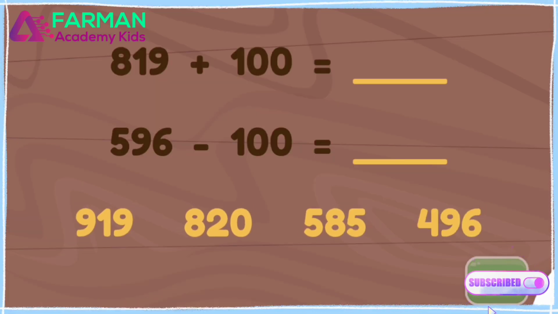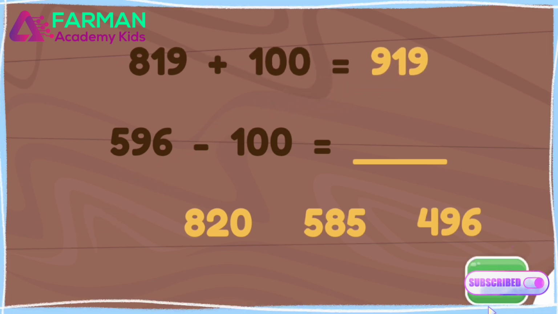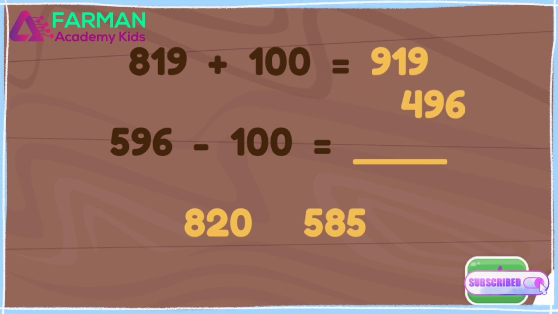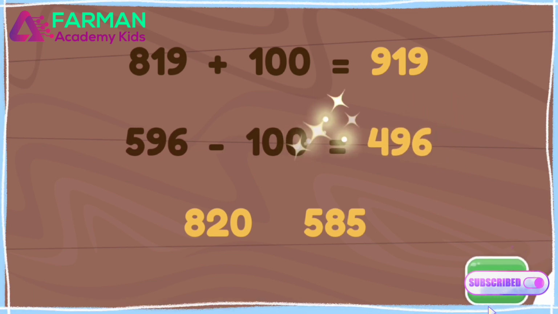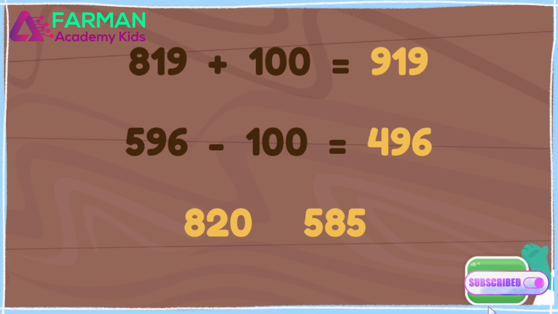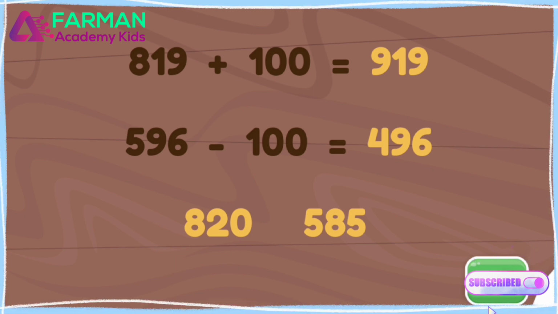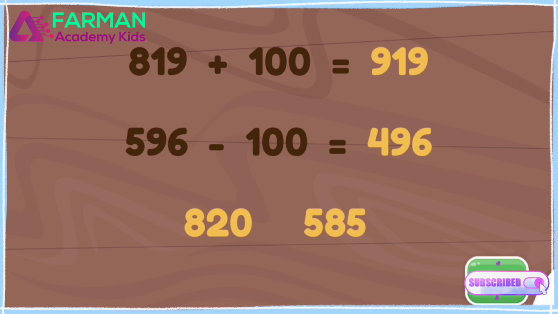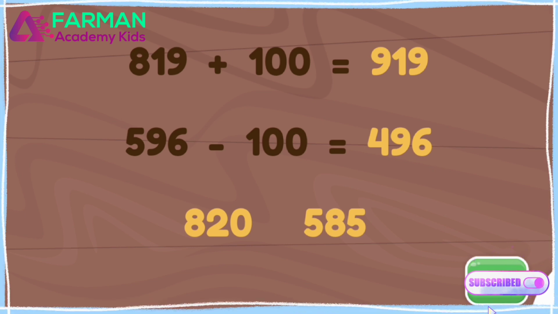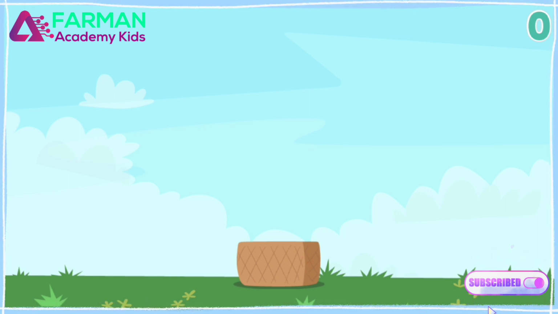Drag the numbers to the blanks to solve the equations. That's right! 819 plus 100 is 919. 596 minus 100 is 496. Solve the equations at the top of the screen.